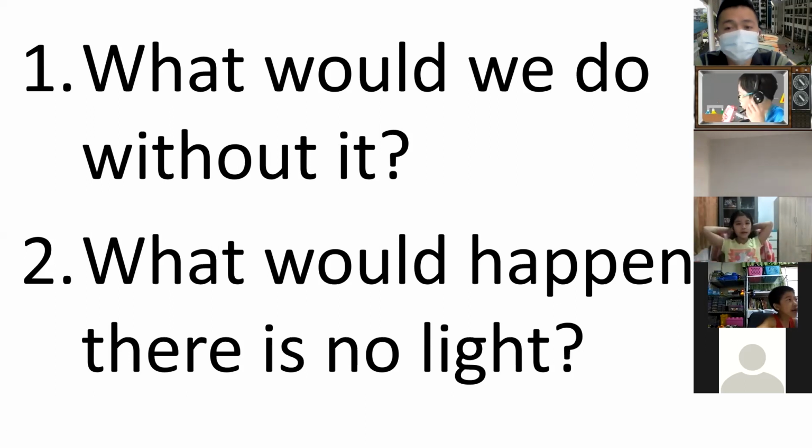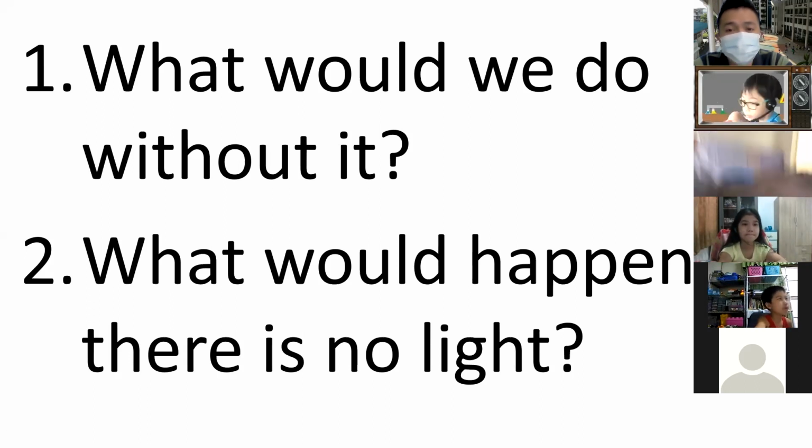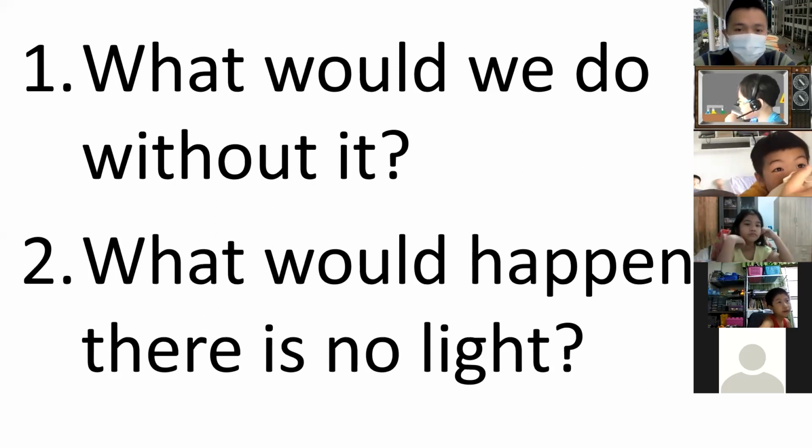We eat fruits, we eat rice, and the animals as well are eating plants also. The primary source of food for the animals is plants. So if there are no plants, the animals will die. Of course, the people will be affected as well.